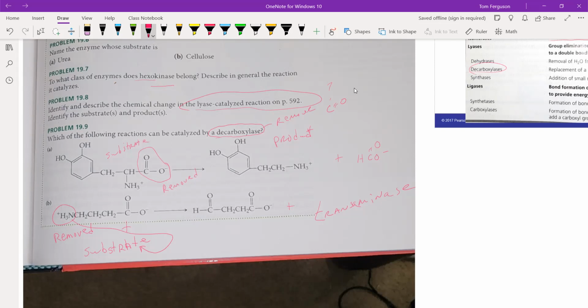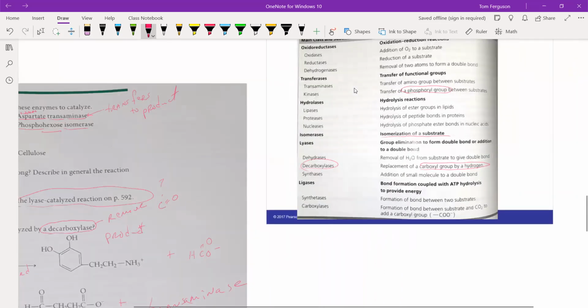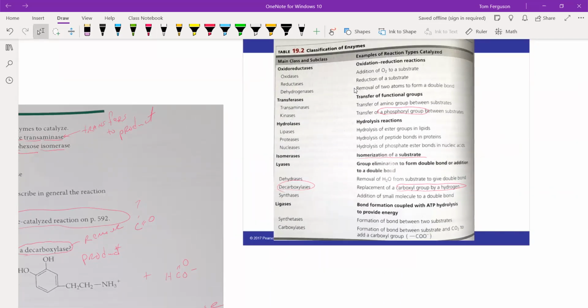Bottom line in this is you have to look at what's going on with the molecule, and then you go over here and see which one correlates to it.